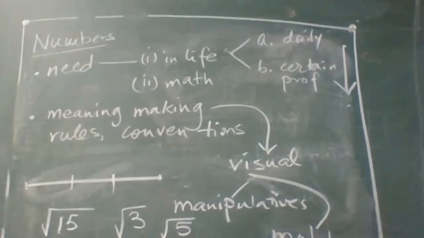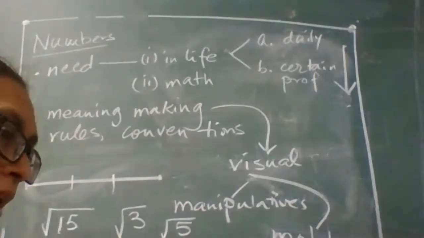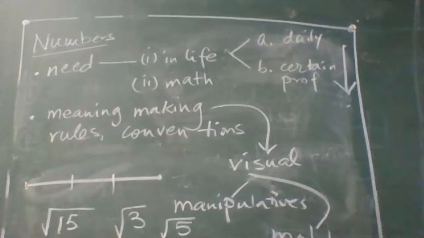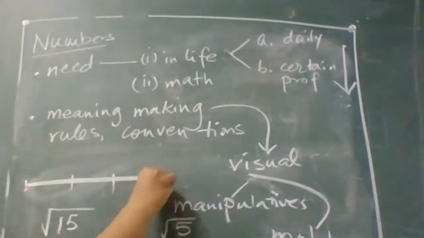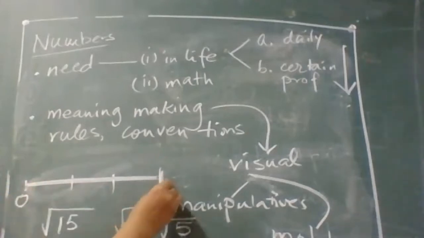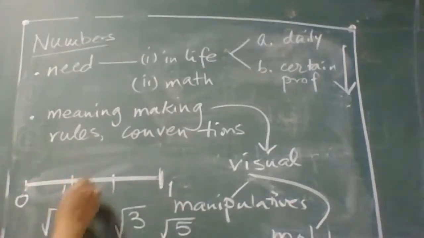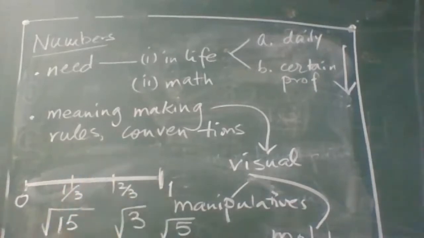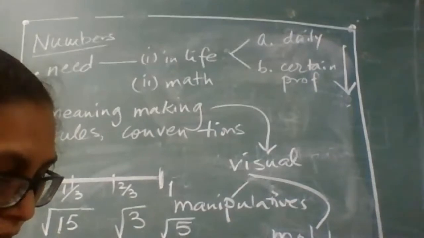Okay, now, all rational numbers can be constructed, because if this is a line segment of unit length, this is 0, this is 1. So this is going to be 1/3, this is 2/3. And similarly you can go on the negative side also.